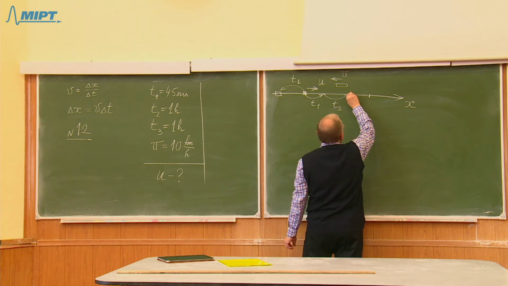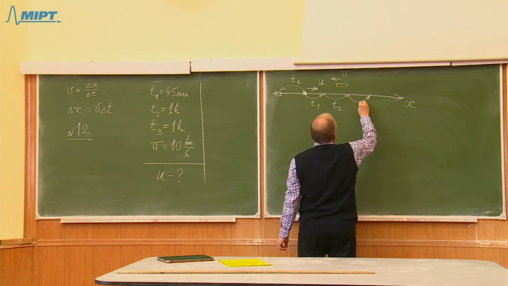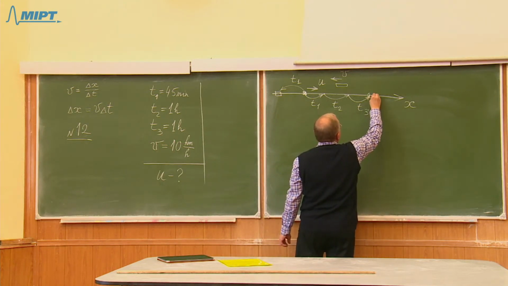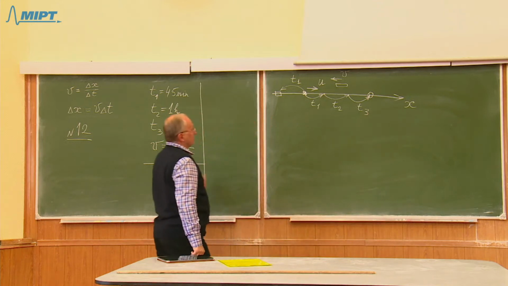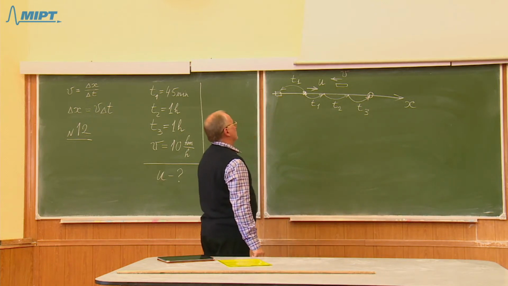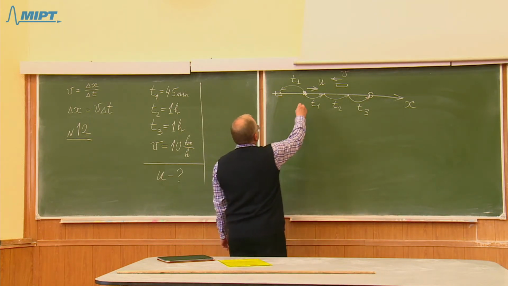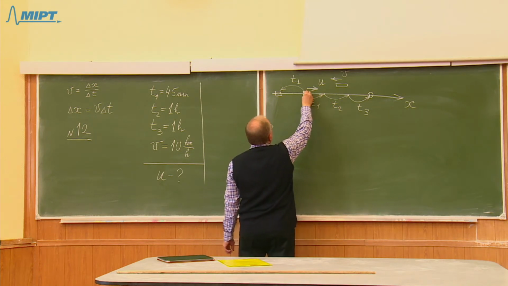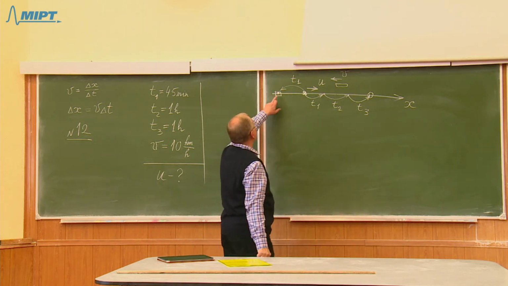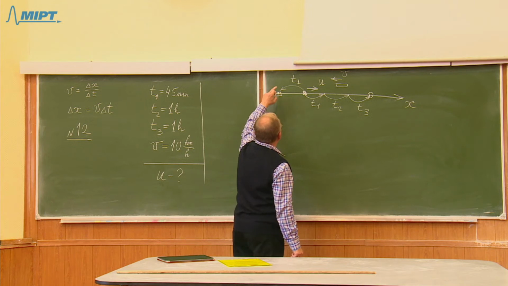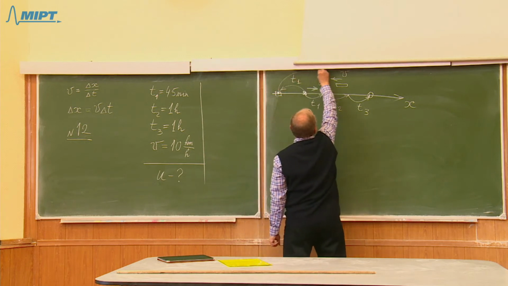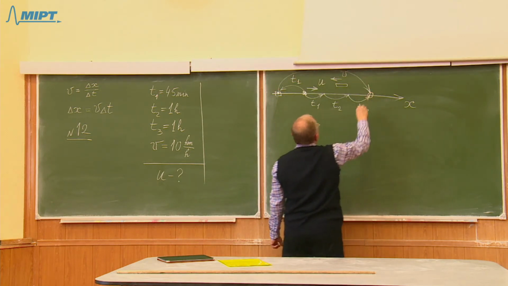And it took the raft to go to this point during time interval t3. And at this point, the raft was overtaken by the motorboat, so they met again here. As far as the motorboat is concerned, first it went to this point of landing stage, and then it was at rest here for 1 hour, and then it took 1 hour for the motorboat to chase the raft and to overtake it.